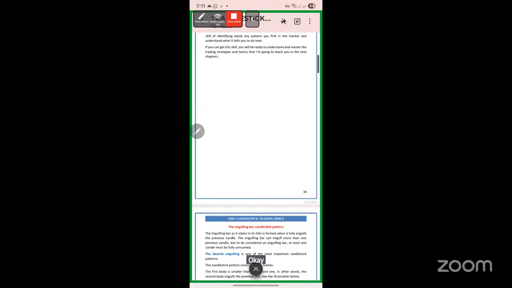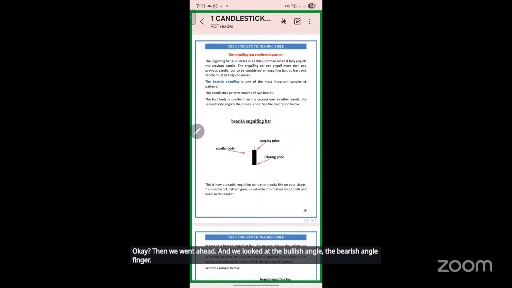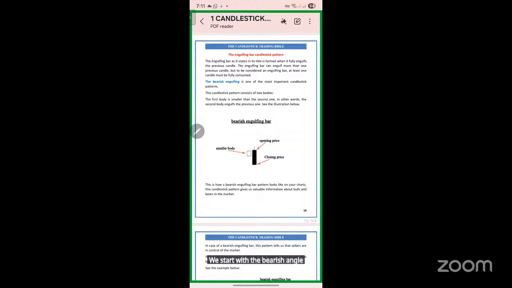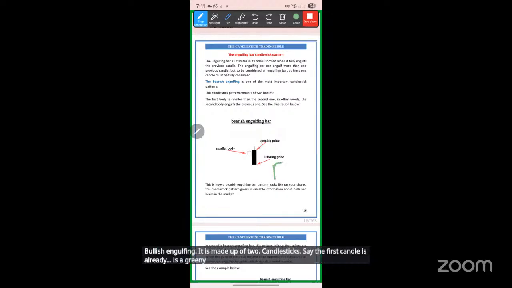Then we went ahead and we looked at the bearish engulfing bar. It is made up of two candlesticks. Say the first candle is a green candle like this, but it is small in size.